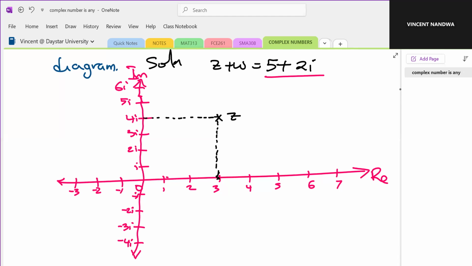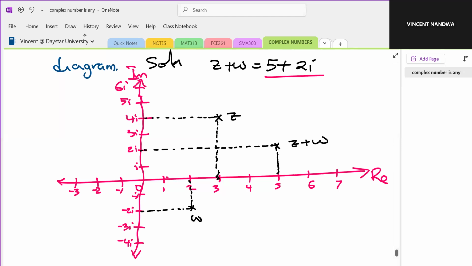So 2 minus 2i is here. So this is W. And Z plus W is 5 plus 2i. So 5 here, 2i will be somewhere here. So Z plus W. So those are the three numbers.